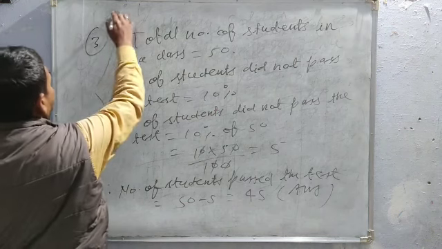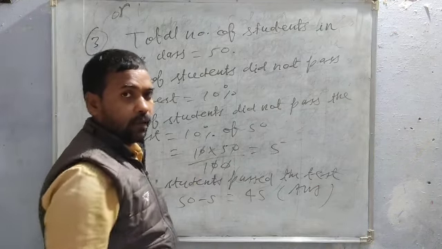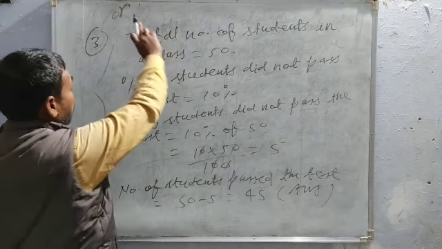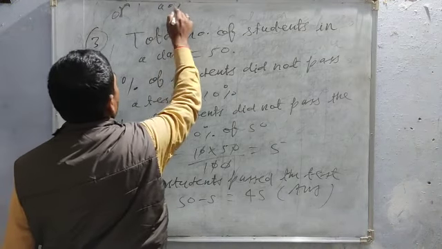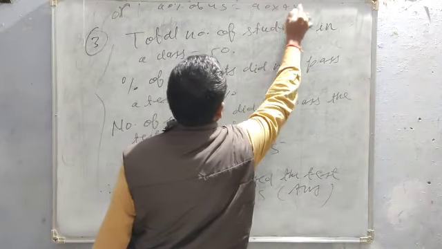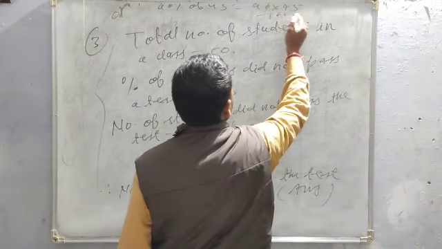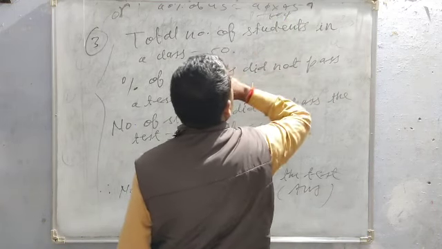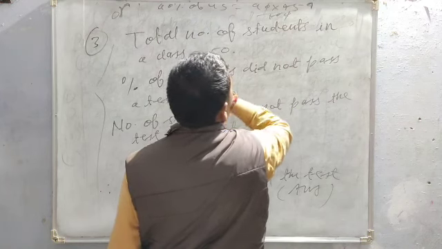As second method, shortly you can find out. See, 10% are fail. So how many percent are passed? 90% are passed. So you can find 90% of 50. You know, if you find 90 multiply 50 by 100, this will be the number of students passed. So 10 and 100 cancel, then 5 9 ja, 5 2 ja.